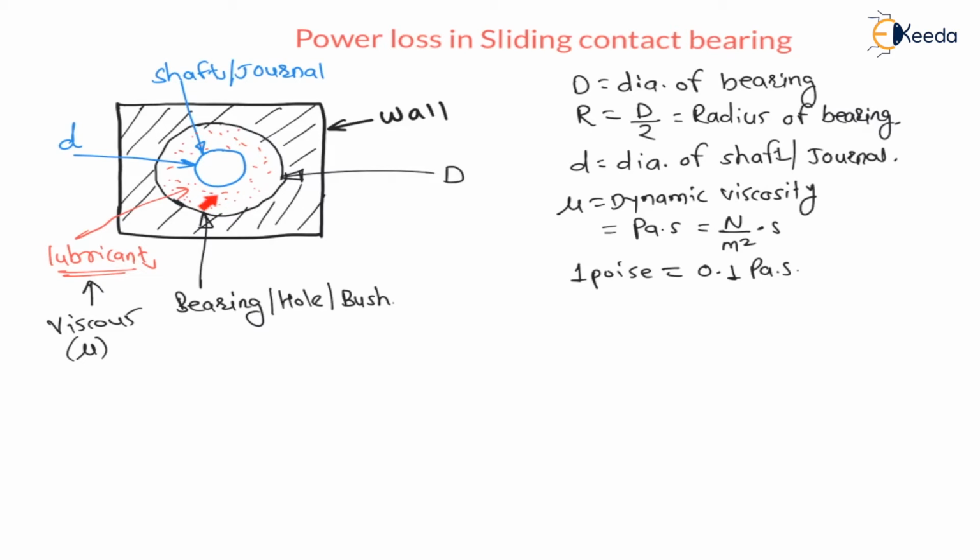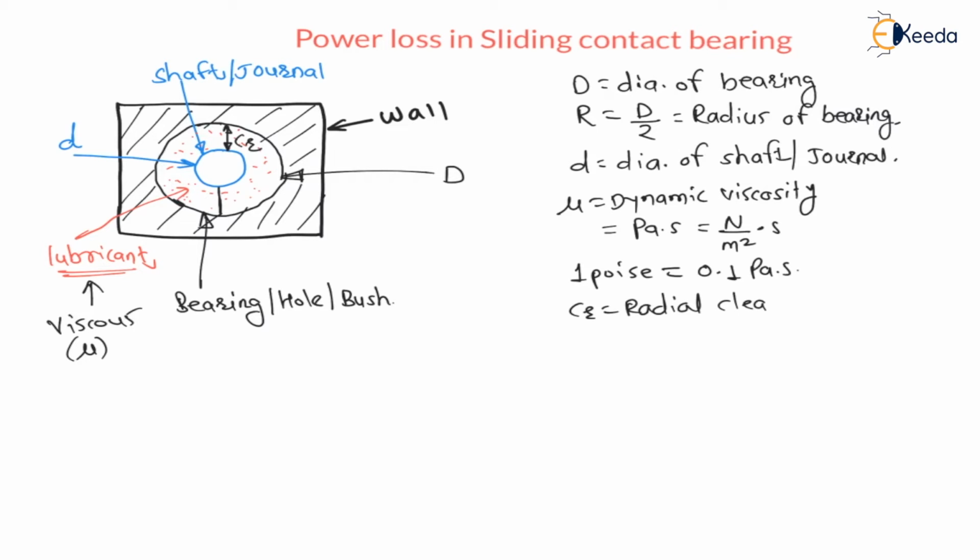My dear students, there is a gap between journal or shaft and bearing. This gap is called radial clearance, we can say CR, where CR is radial clearance.